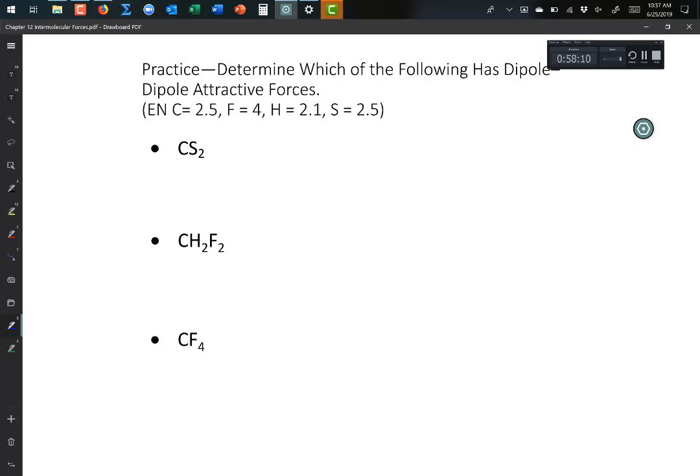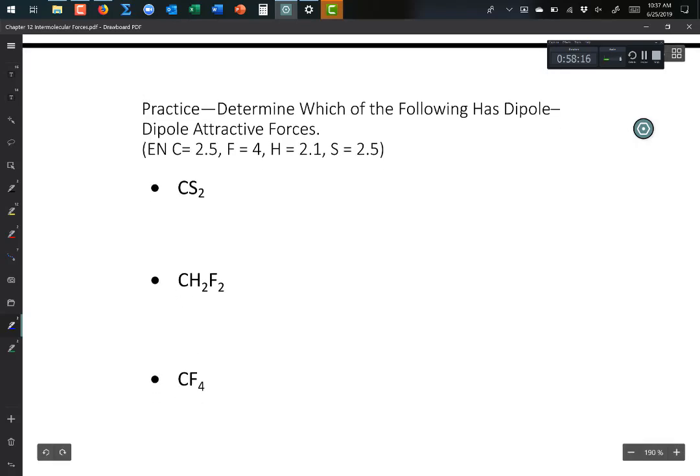Okay, part of what you need to know is how to determine whether or not something has dipole attractive forces. So we're going to talk about CS2. If I drew the Lewis structure, it looks like this.